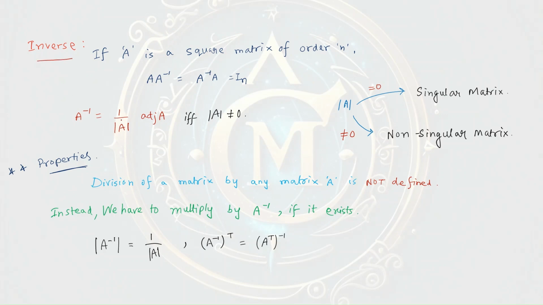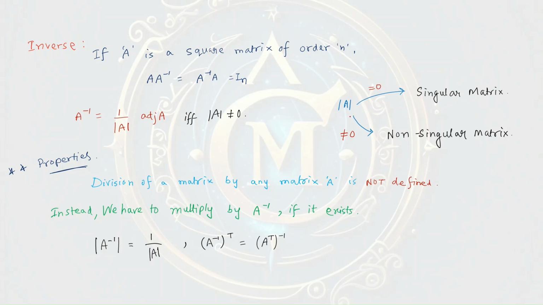Now coming to inverse. What is inverse? If A is a square matrix of order n, then A times A inverse is the same as A inverse times A, which is equal to the identity matrix. So A inverse is defined as 1 over determinant of A times adjoint of A, if and only if determinant of A is non-zero. So the inverse of every matrix does not exist.